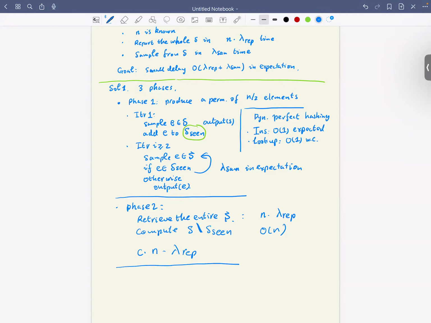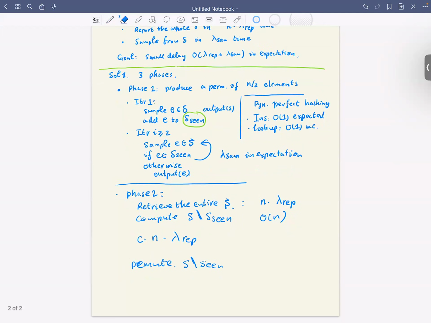Let's continue. I still owe you the second half of the permutation, but now everything's easy because I have already got the n over 2 elements that have not been output yet, S minus S seen. So I simply randomly permute this. I will include this step in the second phase as well.